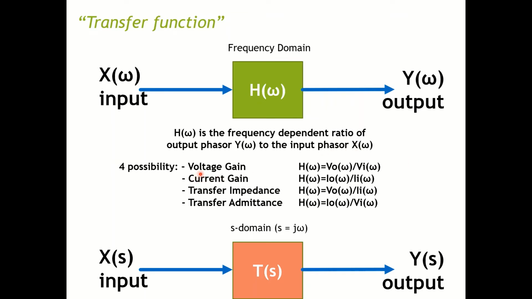We can present it as a voltage gain, as we showed before, when we have the output voltage divided by the input voltage. We can also represent the current gain, using the output current divided by the input current, or we can use it to represent the transfer impedance, V over I, or transfer admittance, which is I over V.